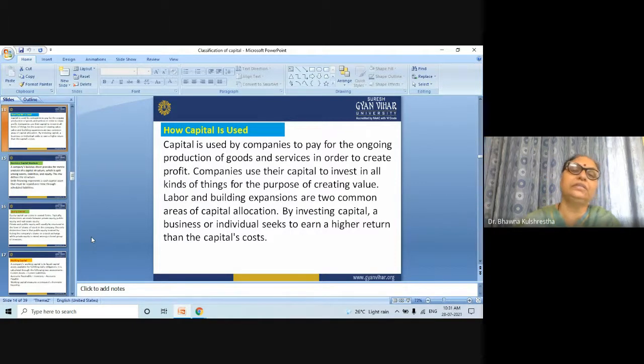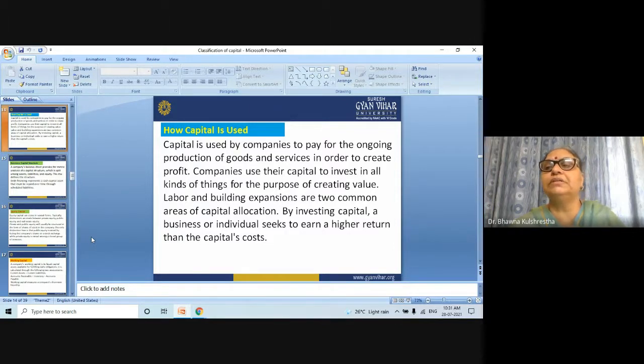Capital is also used at the national and global level. Financial capital is analyzed by economists to understand how it is influencing economic growth.